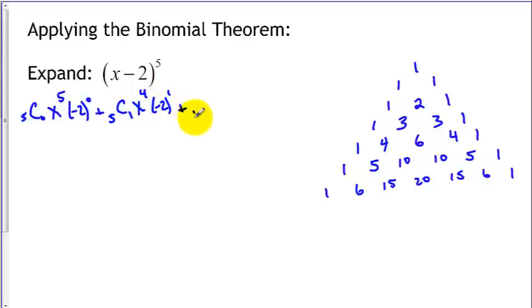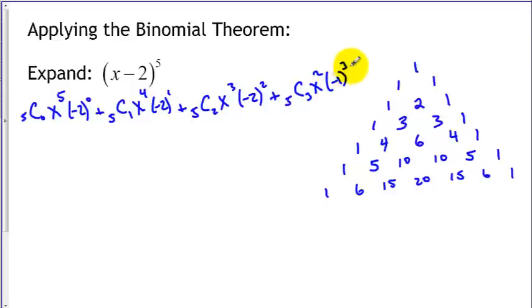And then we've got 5C2 x to the 3rd, negative 2 squared. I'm going to have to go on an angle here, sorry. And plus 5C3 x squared, negative 2 cubed. So the b exponents are going up by 1, the x's are going down by 1.